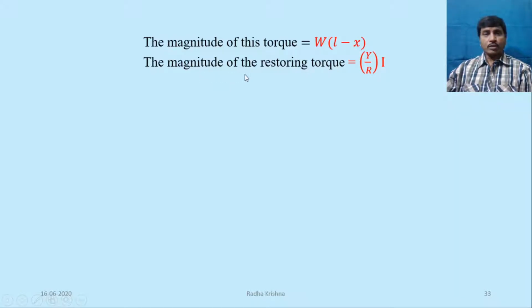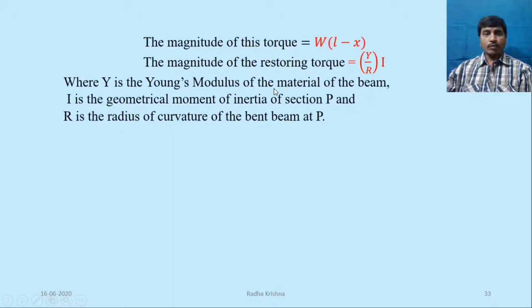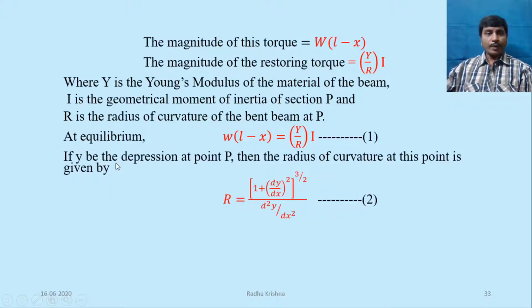The magnitude of this restoring torque, that is bending moment, is equal to Y by R into I, where Y is the Young's modulus of the material of the beam, I is the geometrical moment of inertia of the section at P, and R is the radius of curvature of the bent beam at P. At equilibrium, W into (L minus x) is equal to Y by R into I. If y be the depression at point P, then the radius of curvature at this point is given by R is equal to (1 plus (dy by dx) whole square) whole power 3 by 2, by d square y by dx square.